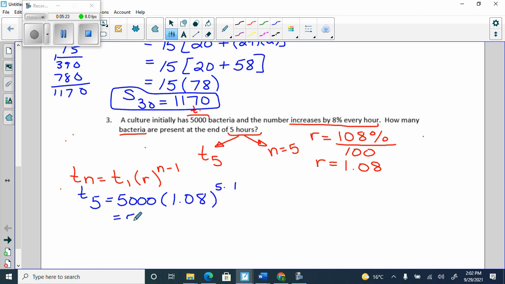So it's going to be 5,000, bracket 1.08 to the 4. So I get 1.08 to the power of 4 times 5,000. 6,802? Yeah. Bacteria.